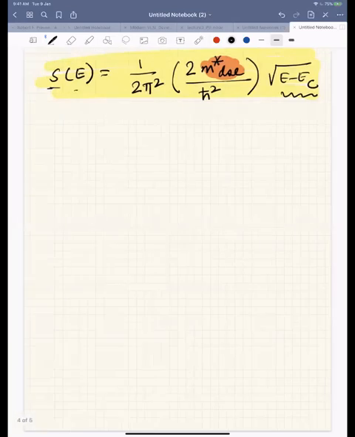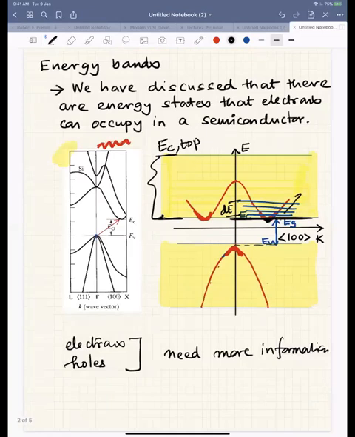Another thing here is that we have to multiply by a factor of degeneracy, which we talked about in the last class. This is my valley, the valley of the conduction band, and for silicon this happens very close to the X point along the 100 direction.